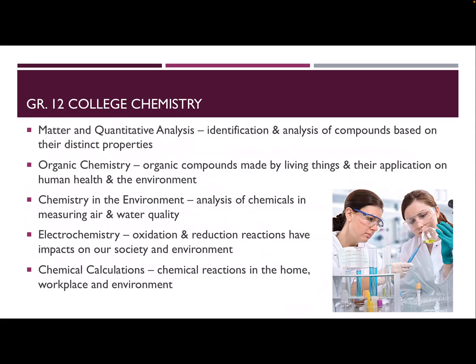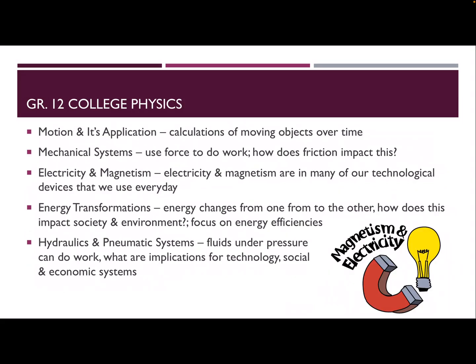In college chemistry, we've got matter and quantitative analysis, organic chemistry, chemistry in the environment, electrochemistry, and chemical calculations. It really focuses on a wide range of chemical skills that you might see in the workforce, and tends to be very hands-on and practical in application.